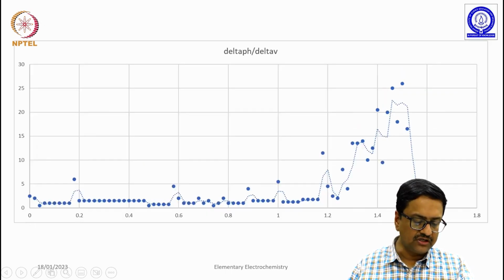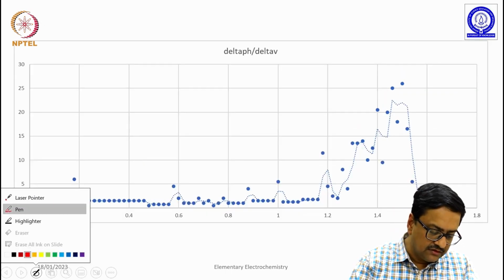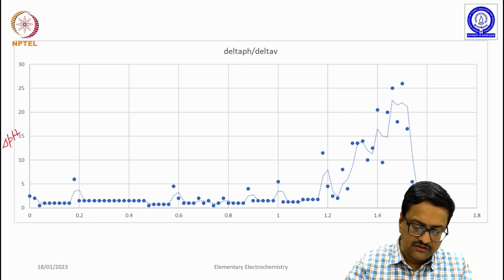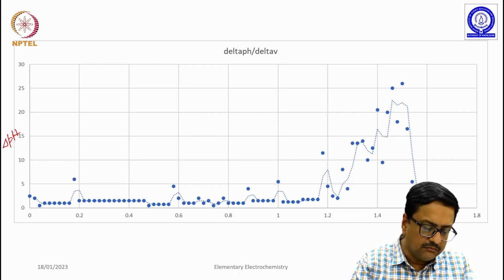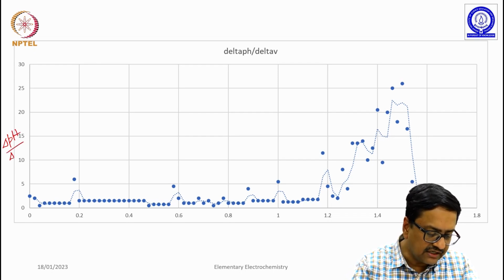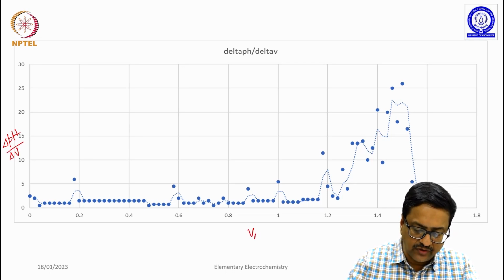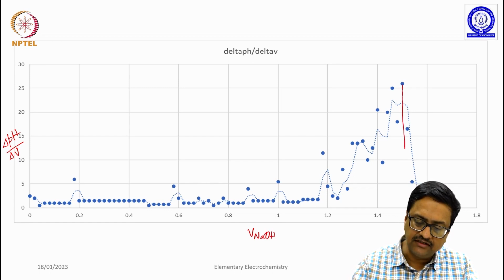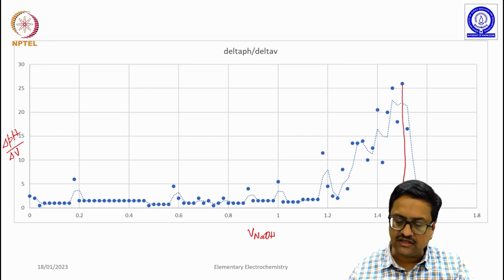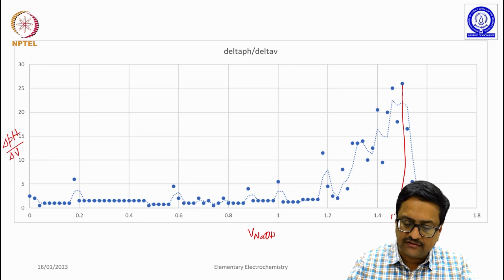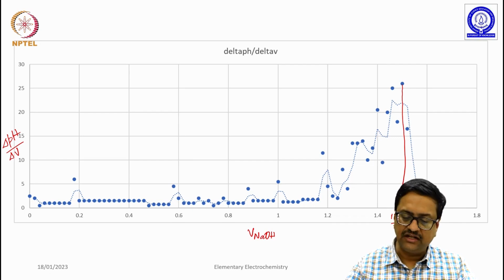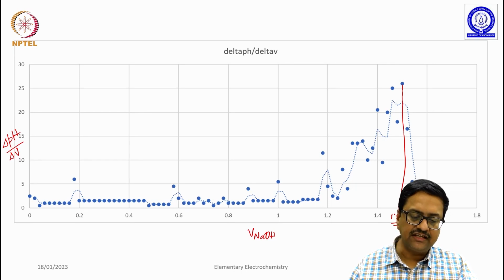When I plotted the corresponding delta pH by delta V versus V NaOH, we see that the value reaches a maximum at this point, which turns out to be about 1.5 ml. If you go back and look at the table and do the calculation, you will see that it comes at 1.5 ml.